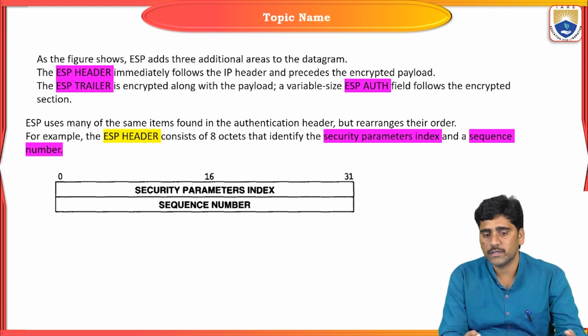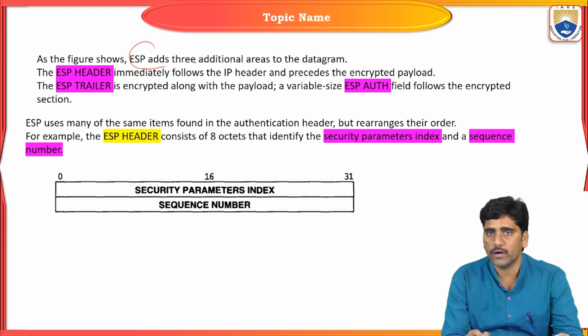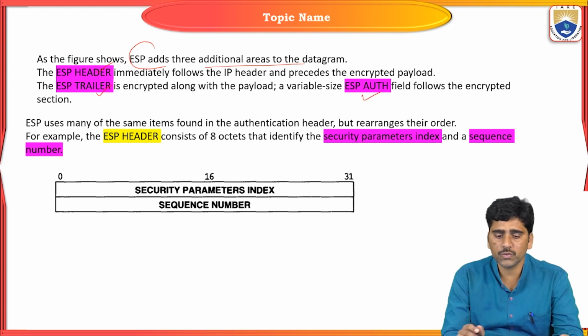As the figure shows, the Encapsulating Security Payload adds three additional areas to the datagram. One is the ESP header, the second is the ESP trailer, and the third is the ESP authentication. The ESP header immediately follows the IP header and precedes the encrypted payload.